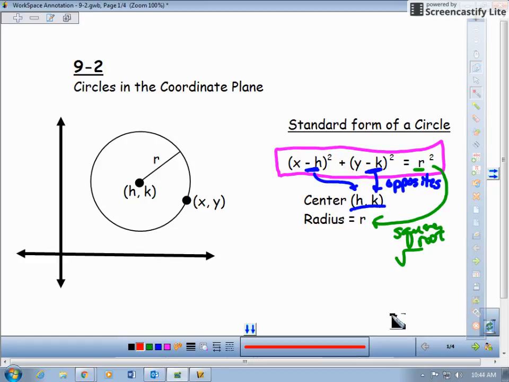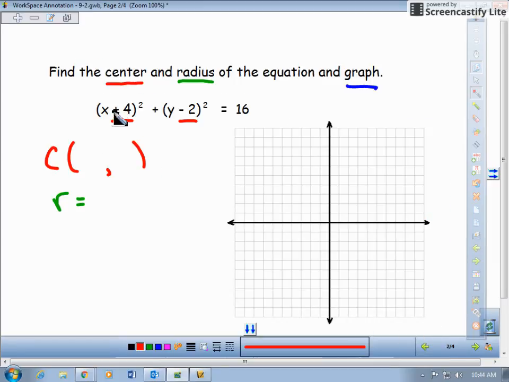So we're going to take the opposite of what's with the x. That'll give me my h. The opposite of what's here with the y, that'll give me my k, my center here. So the opposite of 4 is negative 4. The opposite of negative 2 is positive 2.